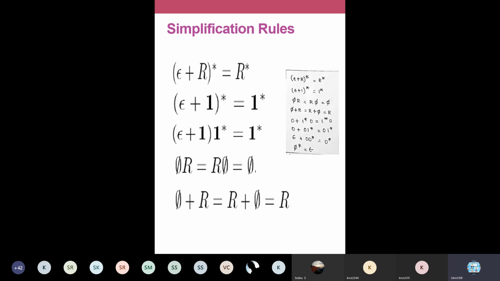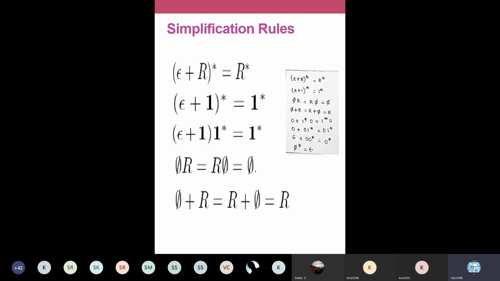We can do minimization like this. And then if you have null in a union, meaning either null or r, your meaning is either null or r can come. In that case, you just drop that null and write the regular expression alone. And there are some more regular expression rules about this.